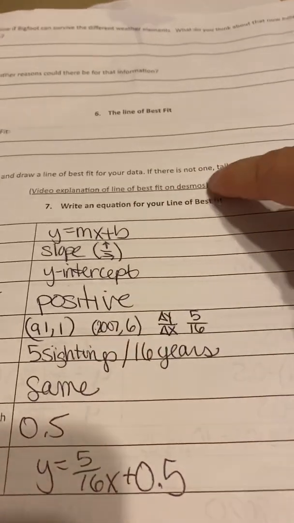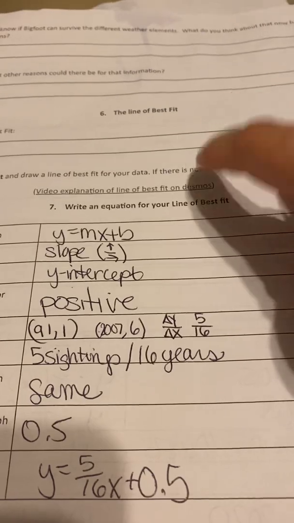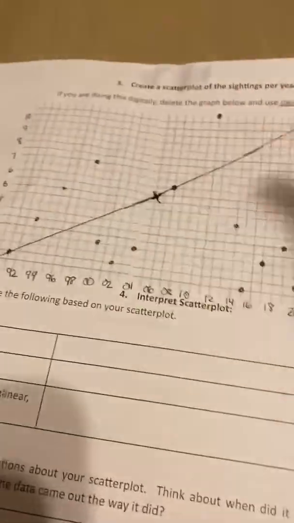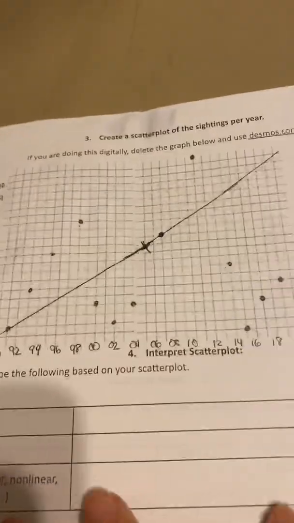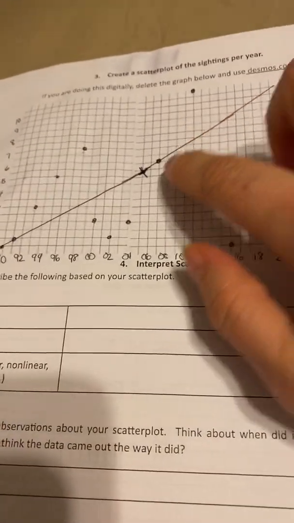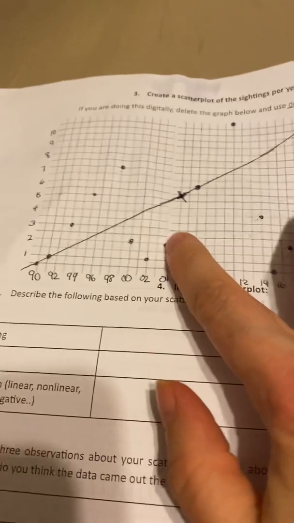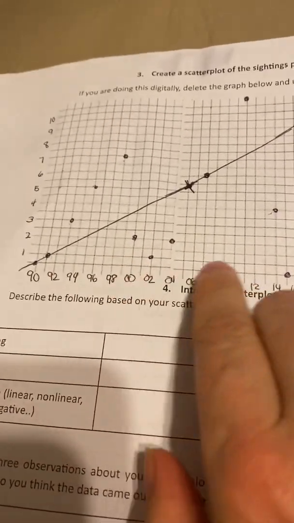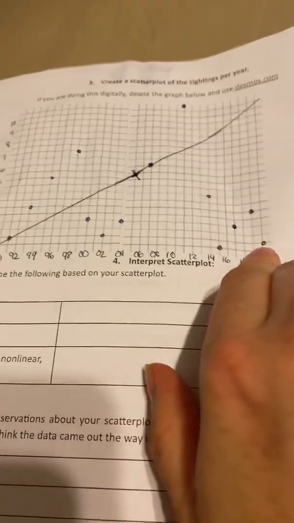If you are doing this on the computer, there's a link right there and it'll teach you how to find the best fit line using Desmos. But if you're doing it on paper, you're going to find a place that best represents the data. Now, I realize that mine, I probably should have brought it down significantly, especially since really there should be 0 points on all of these years that I didn't have any data.